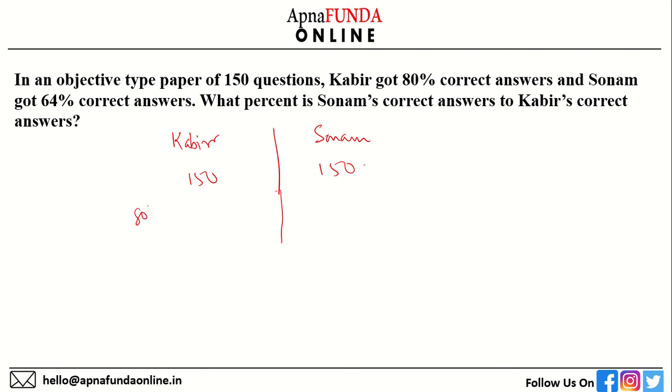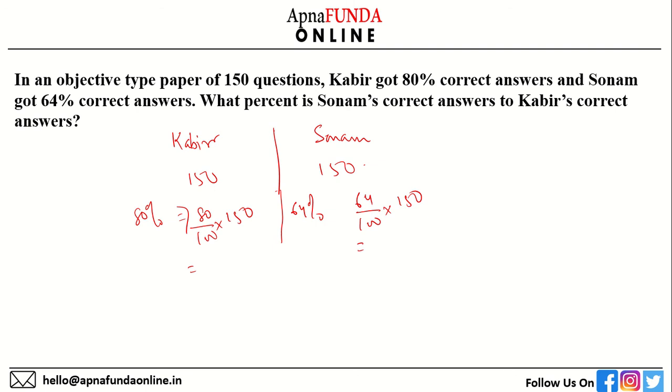Kabir got 80% right, Sonam got 64% right. So 80% of 150 in case of Kabir and 64% of 150 in case of Sonam.